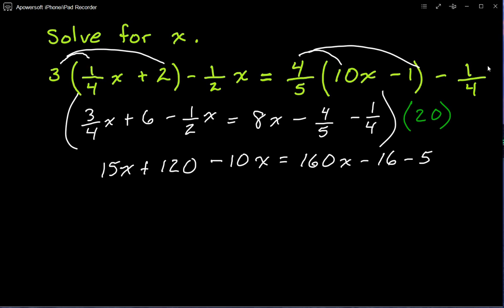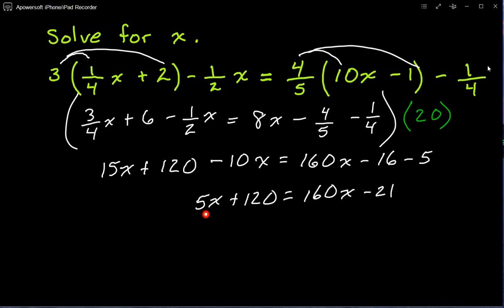We're now going to combine some like terms. All right, so we have a 15x and a minus 10x that are on the same side of our equation. Combining those is 5x. The 120 does not combine with anything. On the right side, we can combine together the negative 16 and the negative 5 to give us a negative 21.